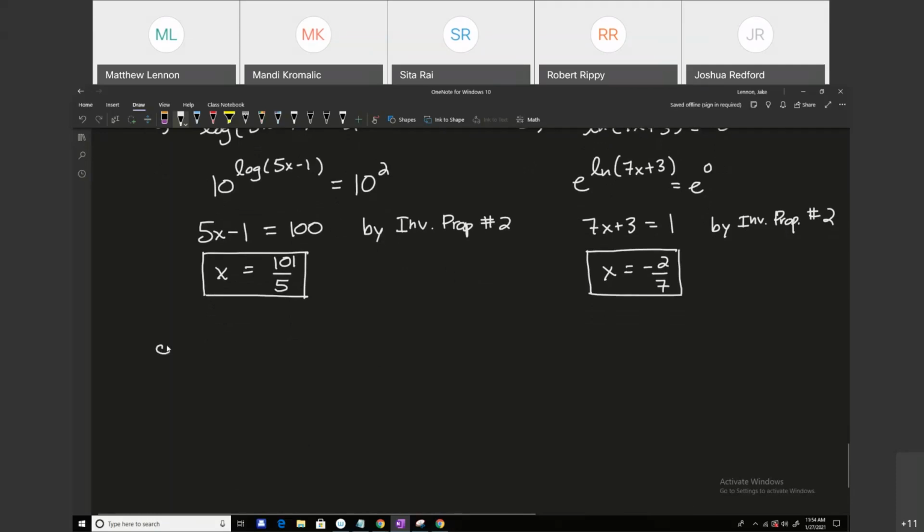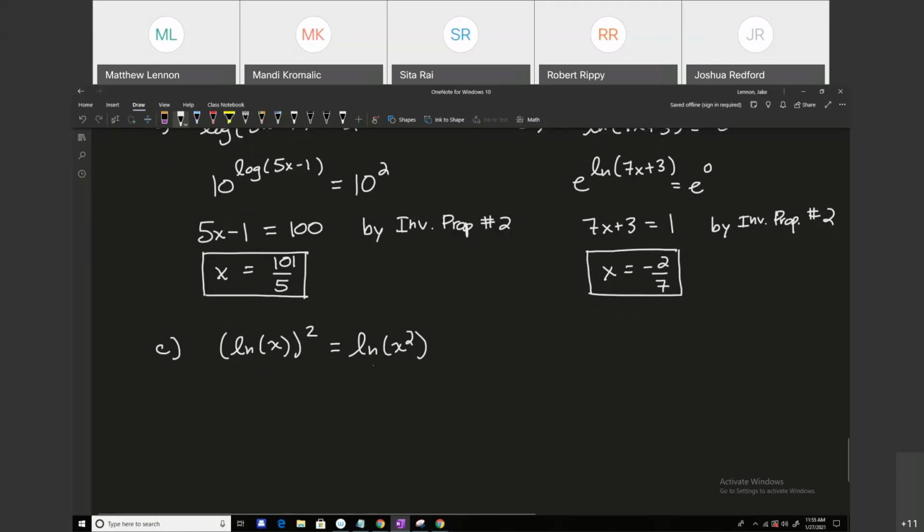If we have the natural log of x, quantity squared, equal to the natural log of x squared. So notice these are two different expressions, but a lot of times you'll see students not care about where they write the exponent, but they're different things. The left-hand side is the natural log of x times the natural log of x.